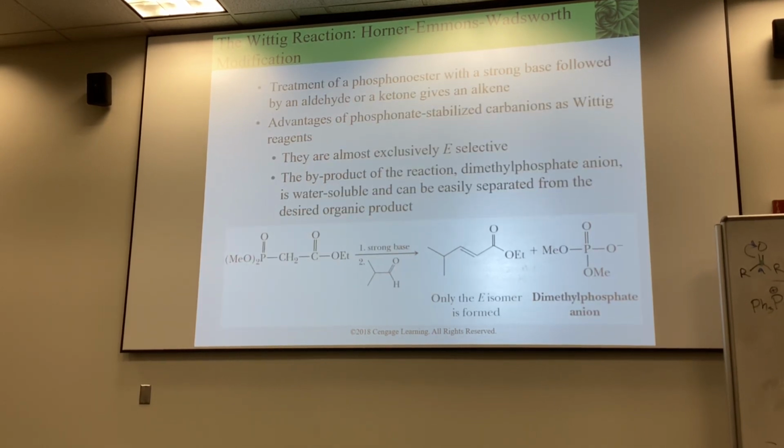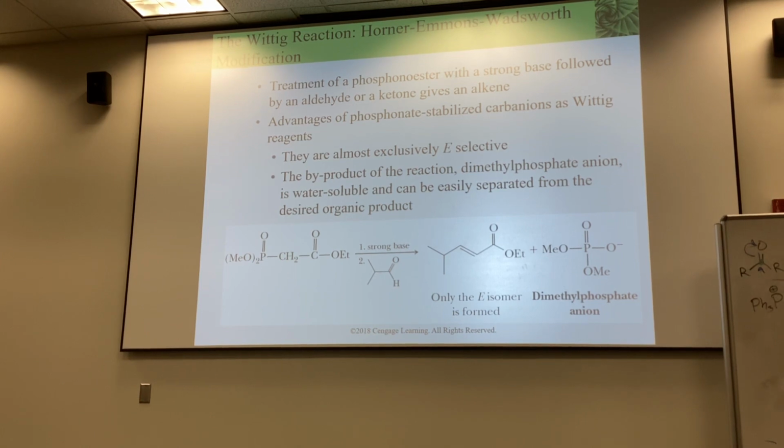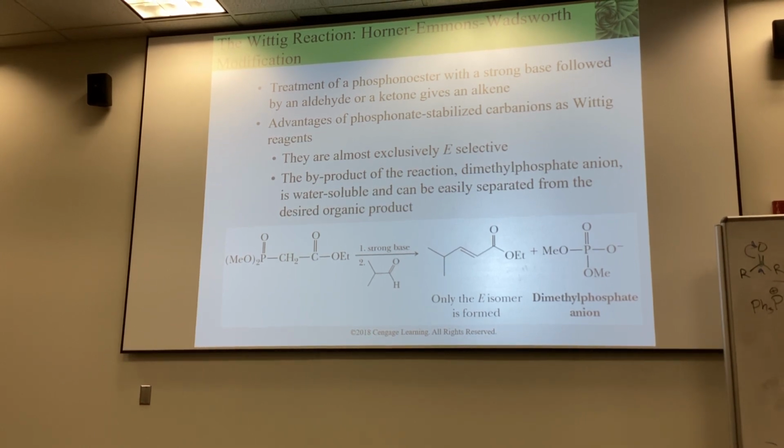So, we get this guy, treatment of a phosphonoester. We're gonna take this guy and use a strong base because, you know, it's not exactly a negatively charged carbon yet.